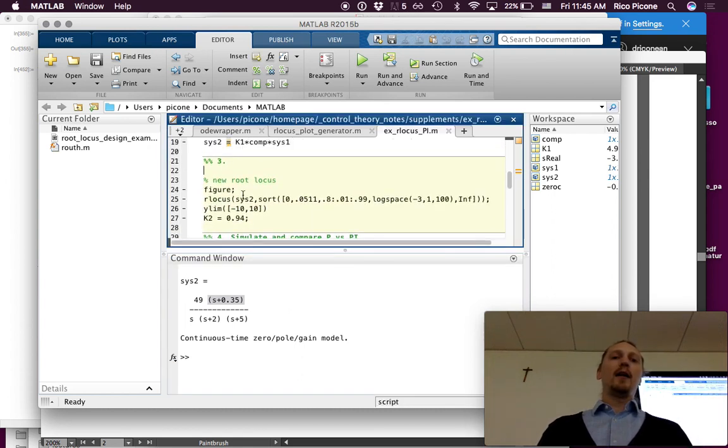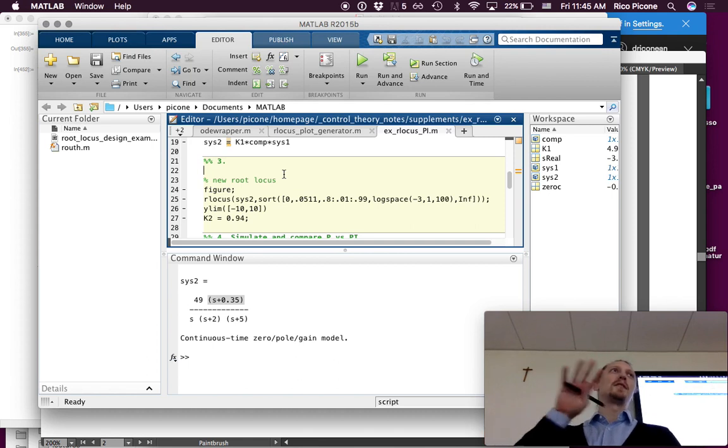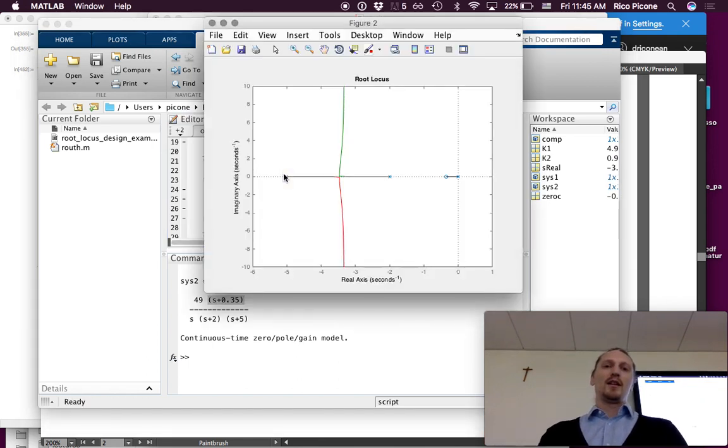And now we can do a new root locus of the open loop system with the compensator in there, okay? And hopefully, if we've done our job correctly, we don't expect that the root locus is going to change a lot, right? It's going to have that pole and that 0 near the origin, but that's mostly what the effect should be.